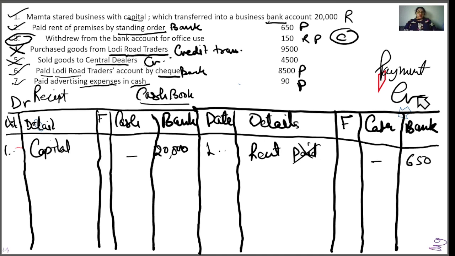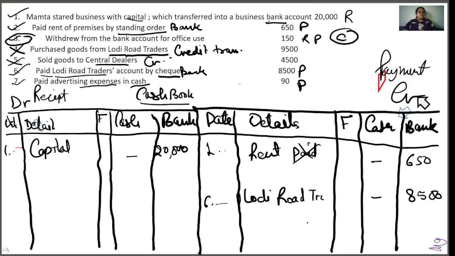You made a payment to whom? To Lodi Road Traders. So on the payment side, I will write Lodi Road Traders, and because the check is involved, I will write 8,500 here.